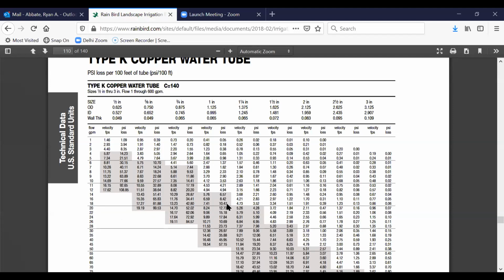So what's our pressure loss through that section of pipe? 83.76? Or I hit the wrong number. Did you say 8.376 or 83.76? It shouldn't be 83. Did you multiply it by 0.80?